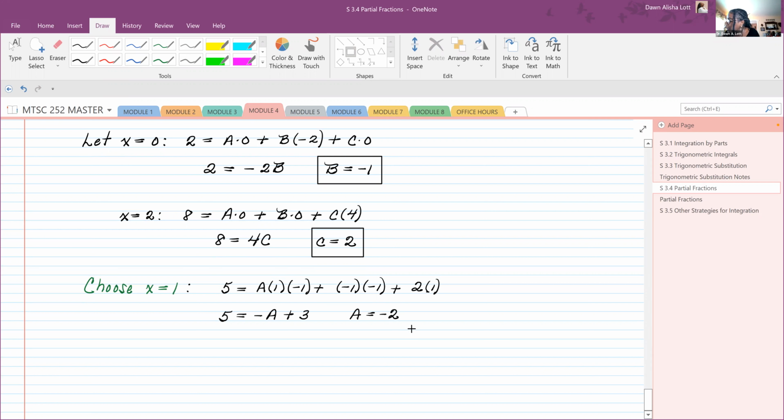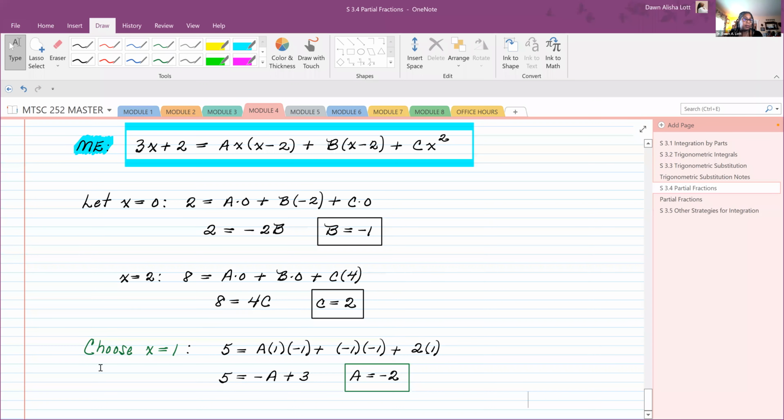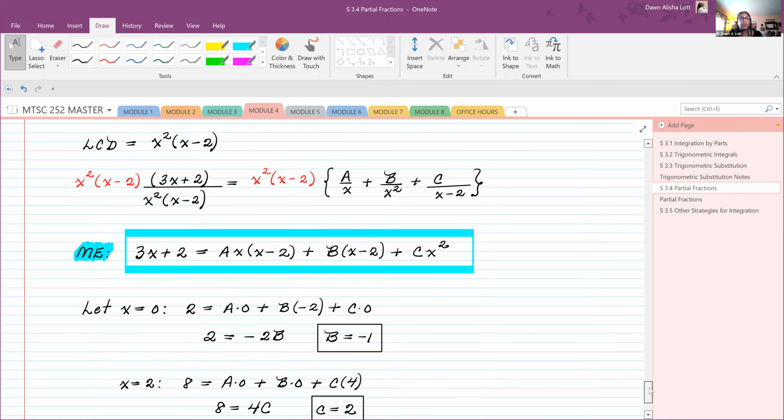So when you have a repeated root, you will run out of roots to use. You will choose any number you want. I suggest you choose something small. All righty, so now we know everything.